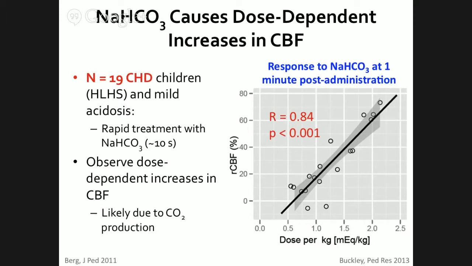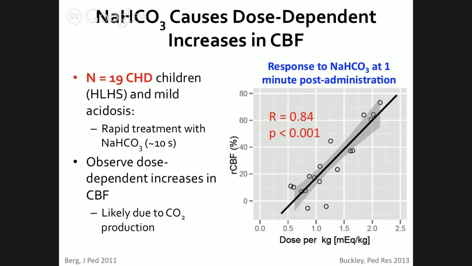So 19 of our patients with hypoplastic left heart syndrome were given bicarb as a rapid injection to treat mild acidosis. And this is cerebral blood flow as a function of dose of bicarb at 1 minute post-injection. You can see there's a high correlation between the two parameters, which is likely due to the production of CO2 that's caused when bicarb reacts with acid in your blood.